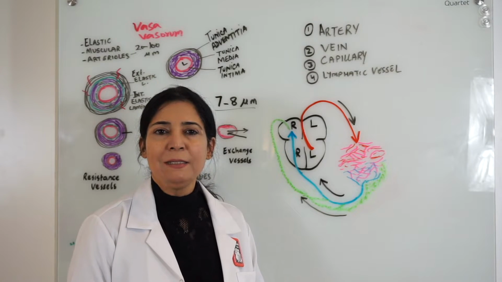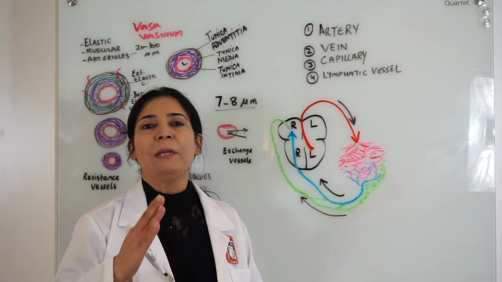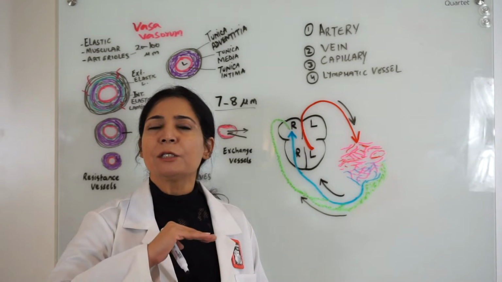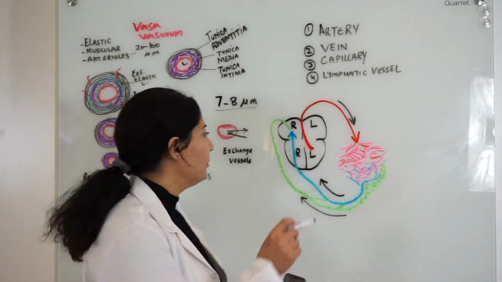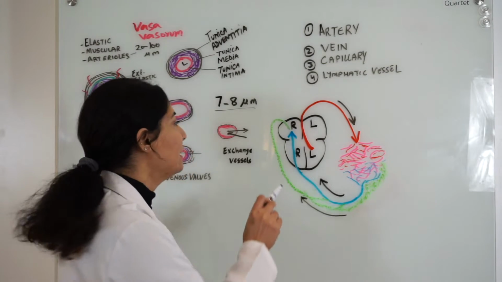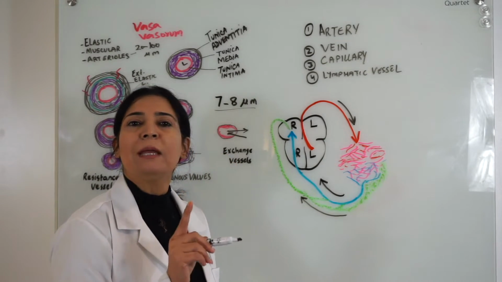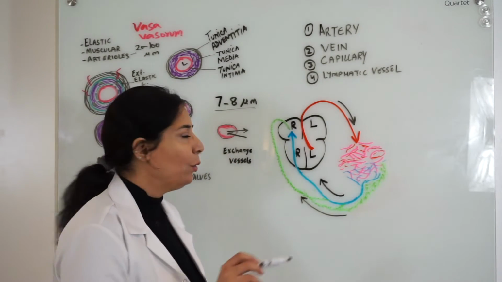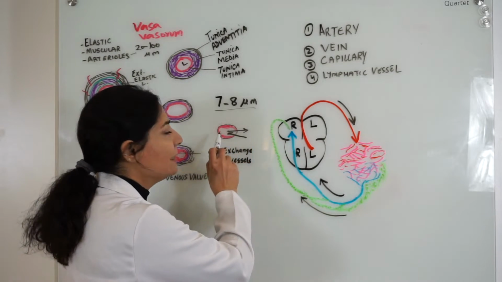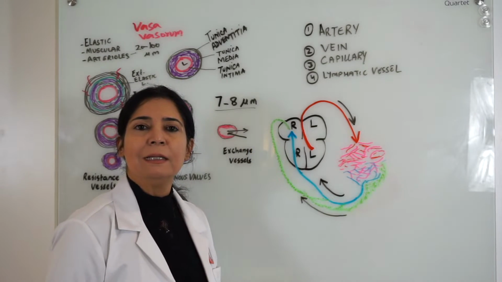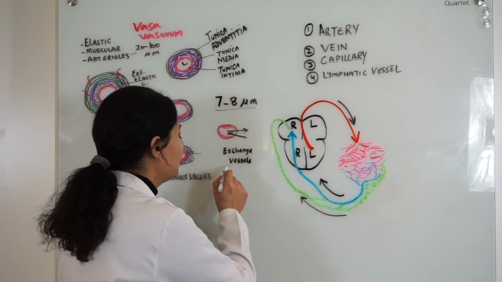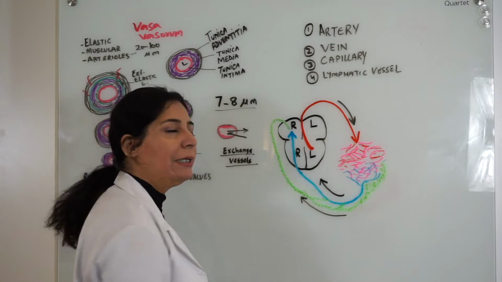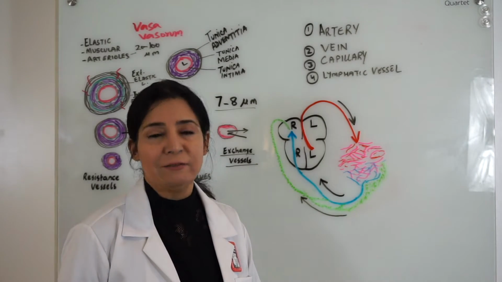And it is taking place at the level of capillary bed because the flow of blood is extremely slow. Because there is no thick wall present in the capillaries, exchange of materials is absolutely easy. So that's why capillaries are generally known as the exchange vessels.